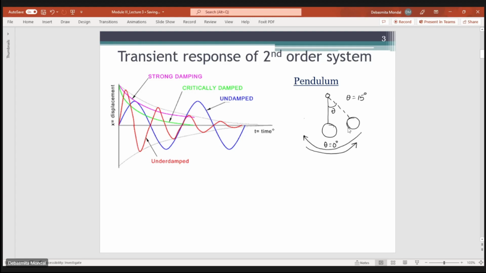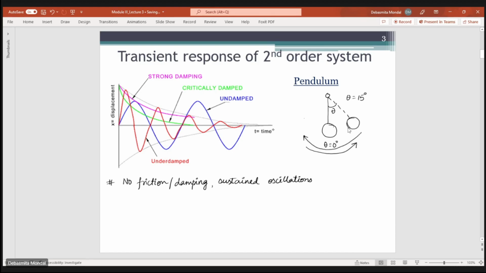So case number 1 is when there is no friction or damping. That means the pendulum will keep on oscillating for infinite time, so it will have sustained oscillations.